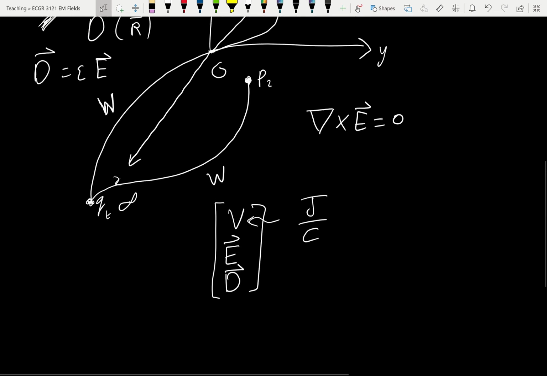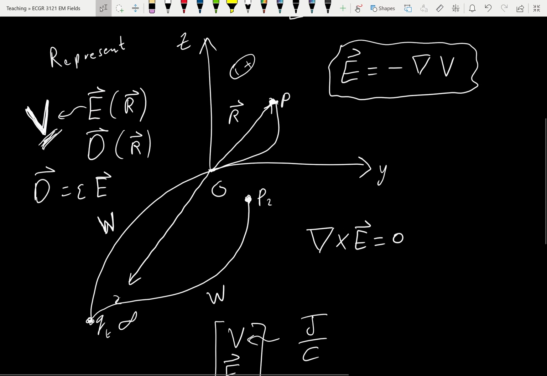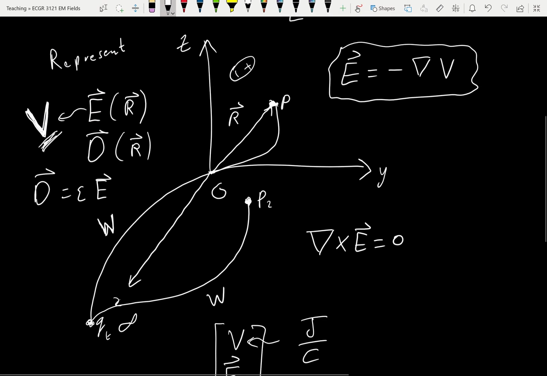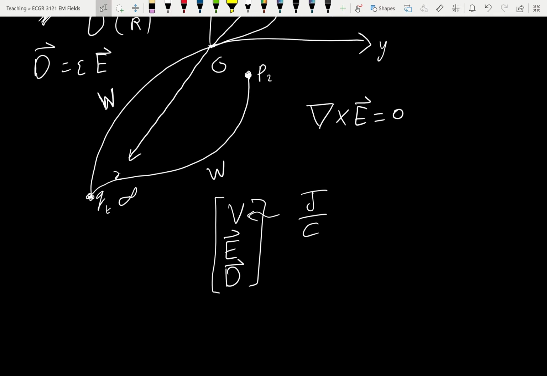Okay. So we said that E can be represented as a gradient, and because of that I can define the voltage between points, let's say from point A to point B. The energy per unit charge, the work per unit charge that needs to be done to move a charge from point A to point B, is just the voltage difference between those two points.